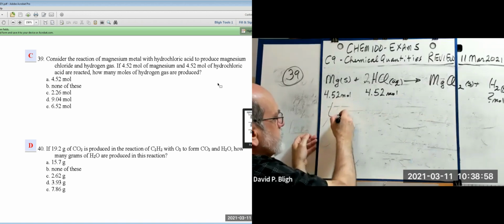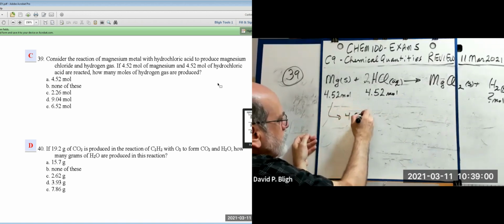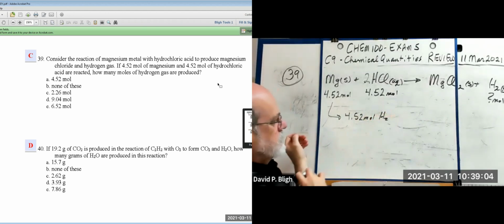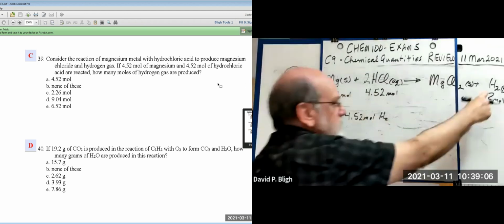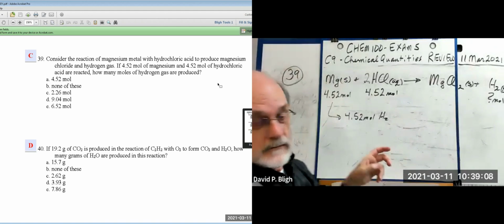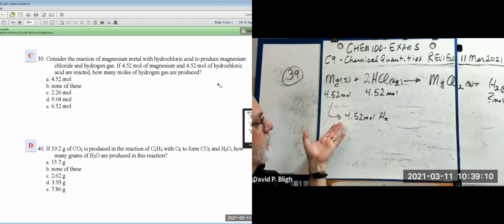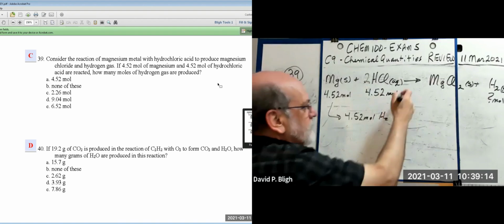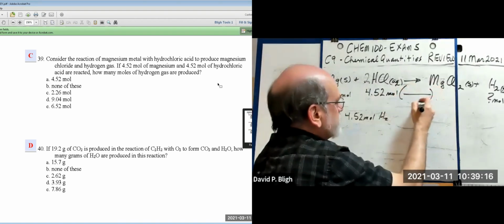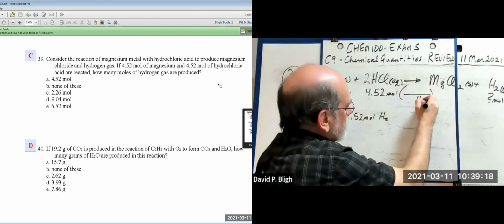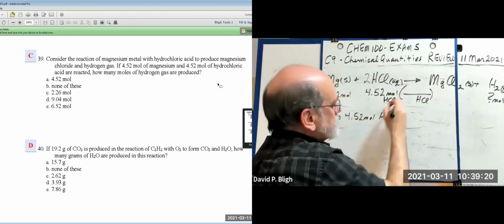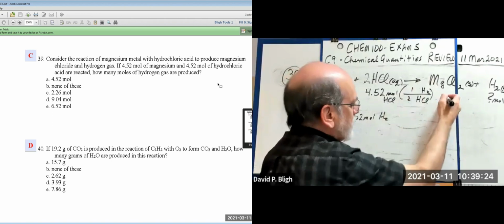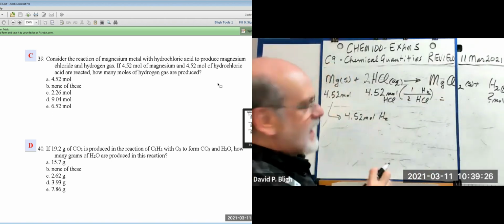This would produce 4.52 moles of hydrogen gas. Right? 1 to 1. There you go. How about this one? 4.52, 2 to 1. So we would do something like this. We get rid of HCl, because that's what this is, and hydrogen here, which is 1 and 2, which is half of that.